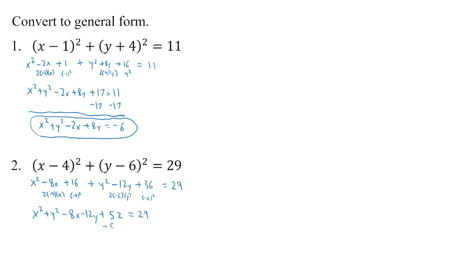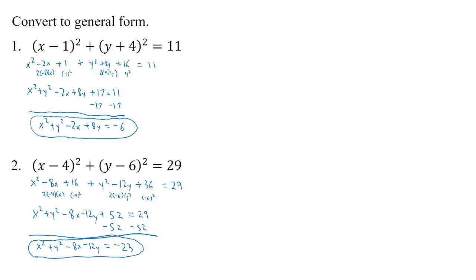And finally, we subtract 52 from both sides, and you'll have x squared plus y squared minus 8x minus 12y equal negative 23. And there it is, the general form.